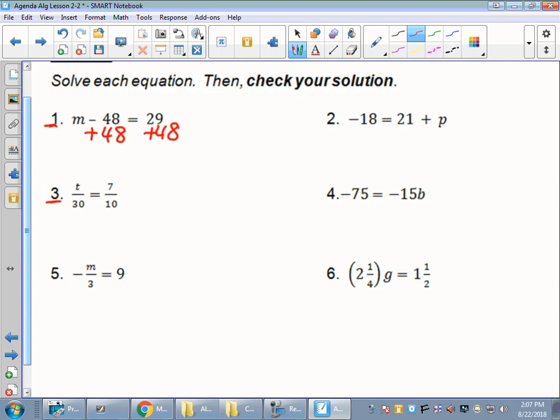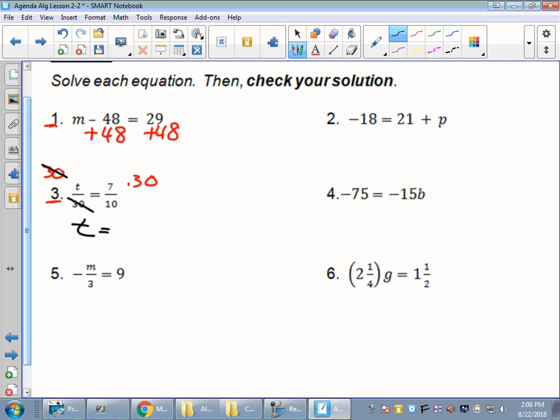Number 3, how about number 3? We've got a little fraction, so what's happening to t? Well, it's being divided by 30, so we want to multiply by 30, and then we would multiply by 30 over here. So using canceling, these 30s would cancel out, so we would be left with t.